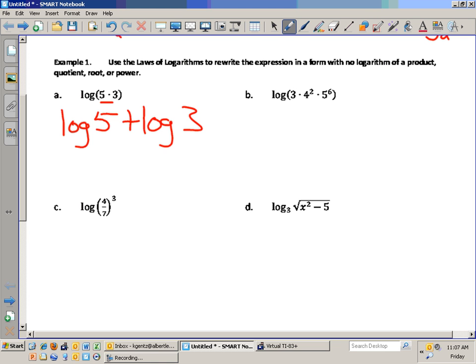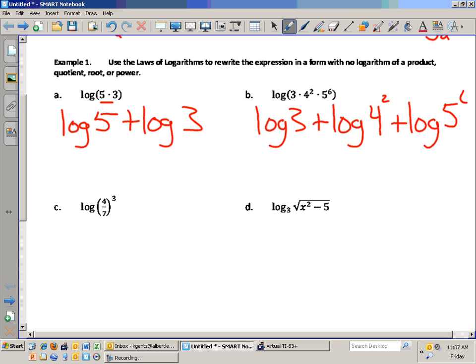The next one, I have 3 of them. So I can write the log of 3 plus the log of 4 squared plus the log of 5 to the 6th. Now, Jalen brings up a good point. She could square the 4 to get 16, but who really wants to take 5 to the 6th power? That's a little bit ridiculous, isn't it?